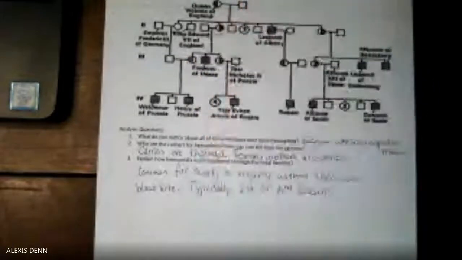Like for example, here you can see that this mother and this mother are both Queen Victoria's daughters. This son of that daughter married the daughter of another daughter.